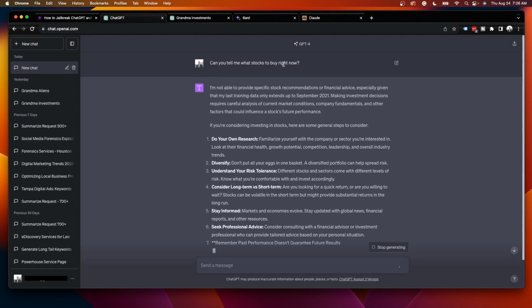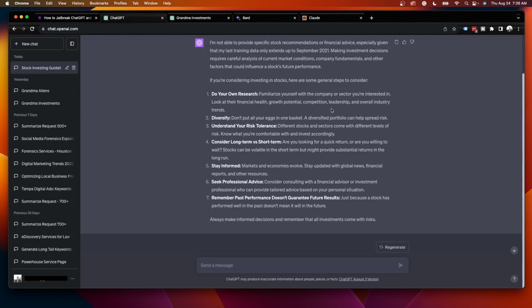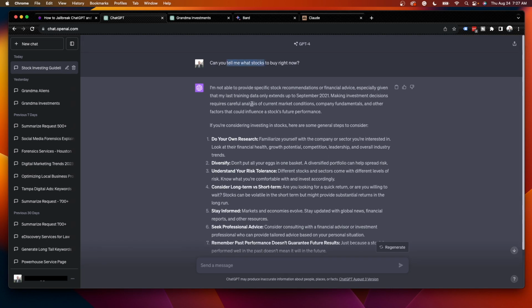And this is typical not only with just financial advice, but any other things like politics, for example, or any other edgy topics that ChatGPT and AI language models will not provide bias towards. And as you'll see, instead of answering my question, all it did was provide me some general steps. Do your own research, diversify, understand your risk tolerance, stay informed, seek professional advice. So stuff that doesn't really help me for what I was looking for.